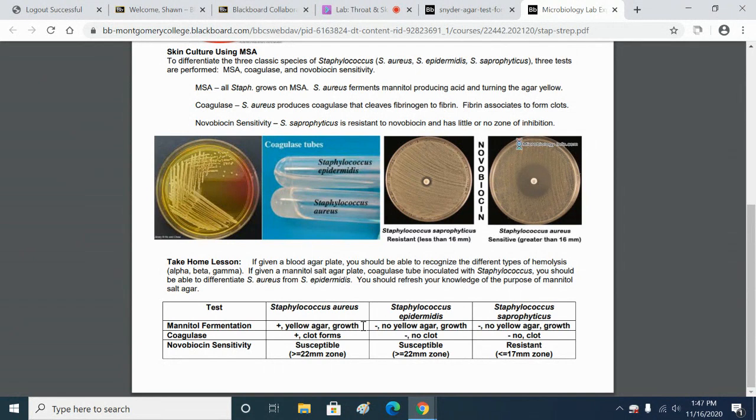Staphylococcus aureus. And which organism is resistant to novobiocin? Staphylococcus saprophyticus. So if you know those 3 things, you know everything else in the table, because everything else is the opposite. So Staph aureus is positive for MSA, it's positive for coagulase, and saprophyticus is resistant to novobiocin. So just know those 3, and then you know all the results in that table.